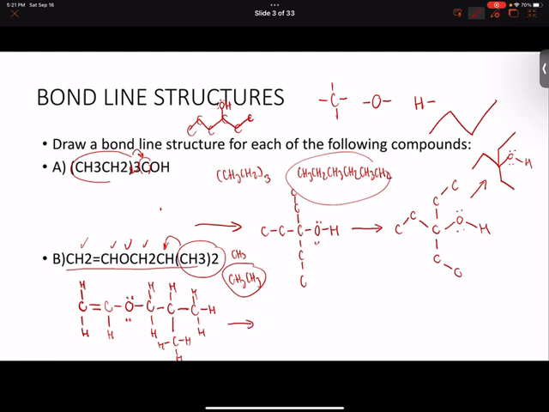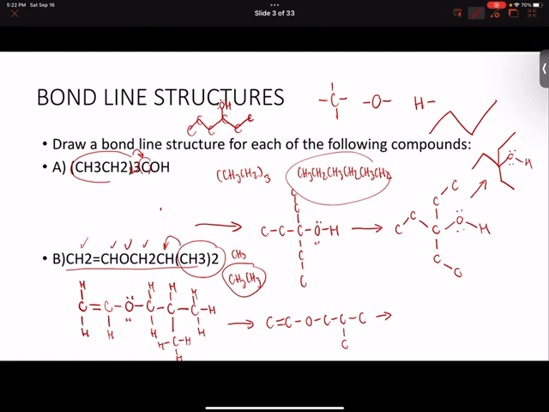Then we're going to do the same process. We're just going to remove the H's. So then C, 1, 2, 3, 1, 2, 3, 4, 1, 2, 3, oxygen, 1, 2, 3, yeah. And then instead of linear, we're just going to put them at an angle as we said.